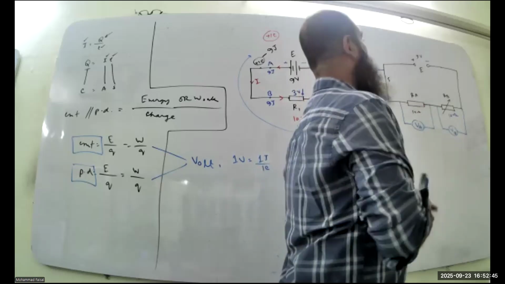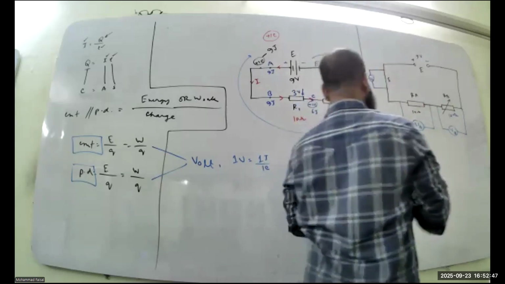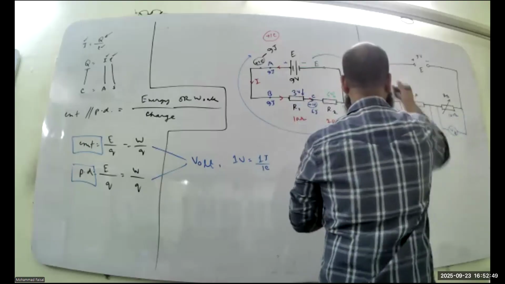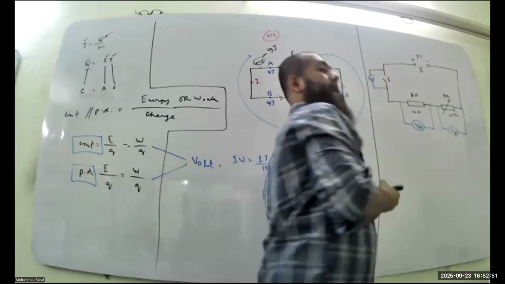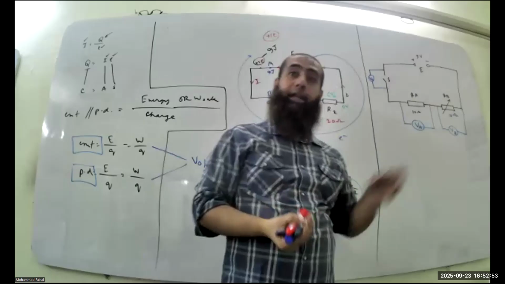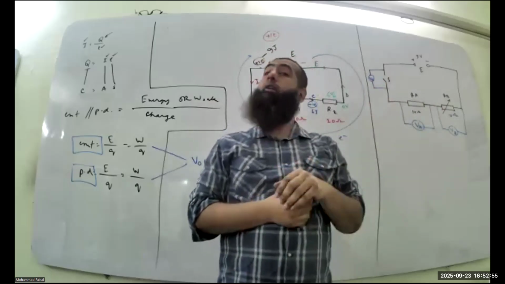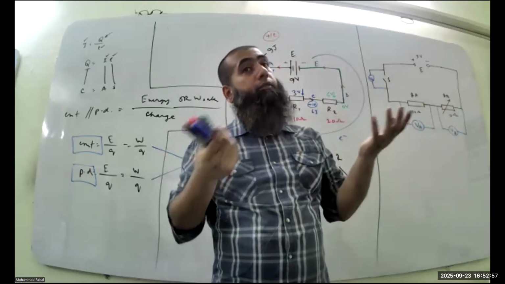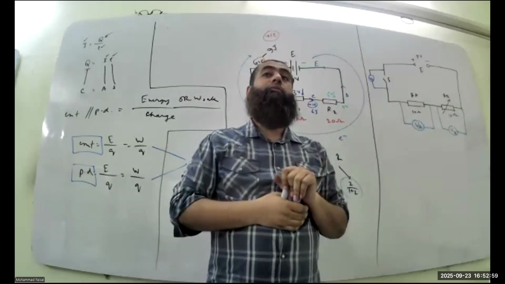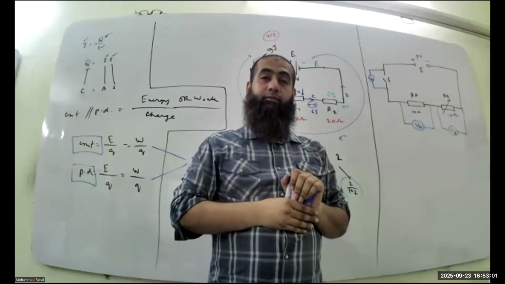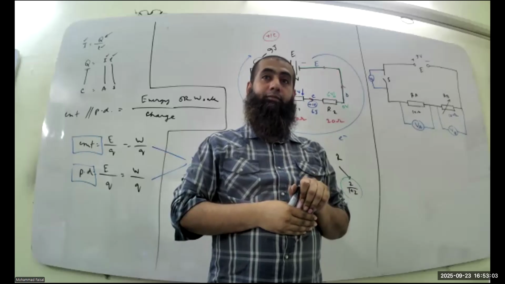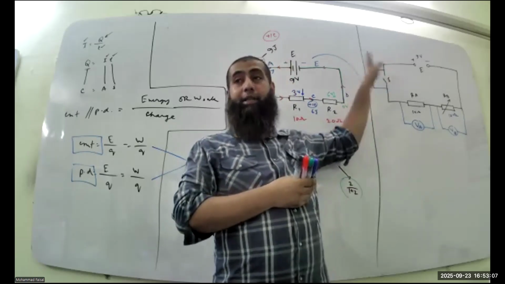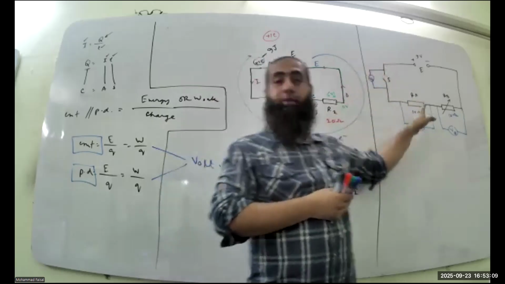Okay. What if I open the switch now? Now think about it in terms of resistance. What is the resistance values now? Infinite, 10 and 10. So where do you expect the voltage to be consumed? Here we have infinite resistance, and here we have 10 ohm, and here we have 10 ohm.